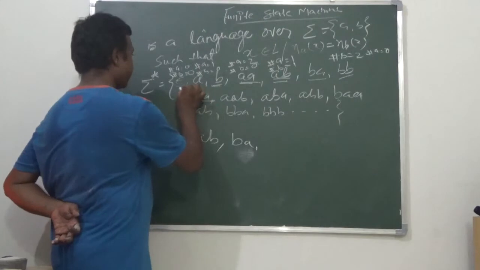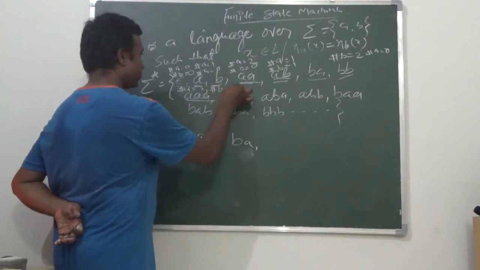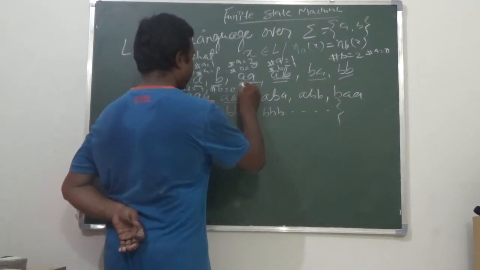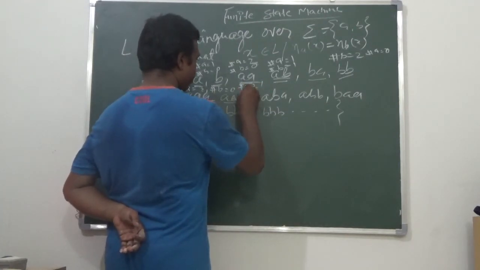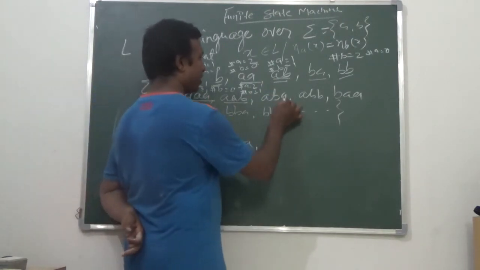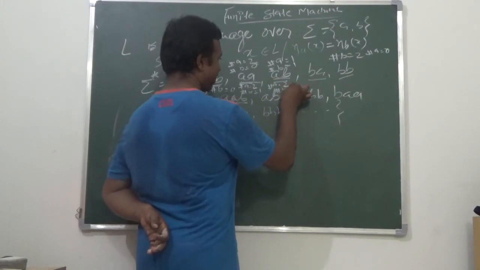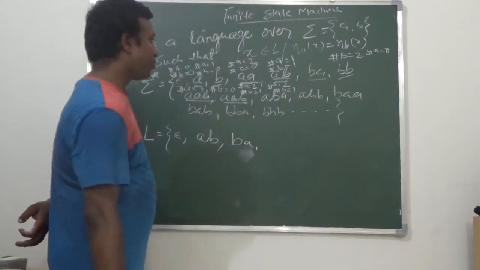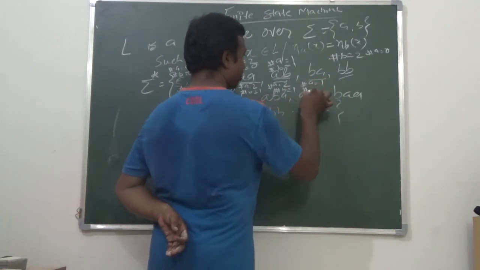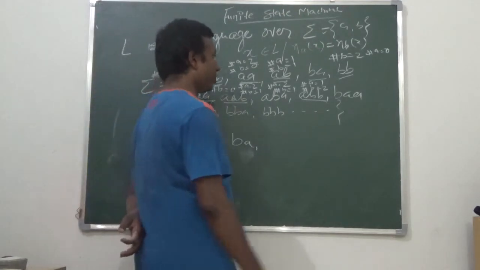Here AAA, the number of A equal to 3, the number of B equal to 0, both are unequal, not going to add. AAB, the number of A equal to 2, the number of B equal to 1, unequal, not going to add. Here the number of A equal to 2, the number of B equal to 1, unequal, so we are not going to add. Here the number of A equal to 1, the number of B equal to 2, so 1 and 2 are unequal, we are not going to add.